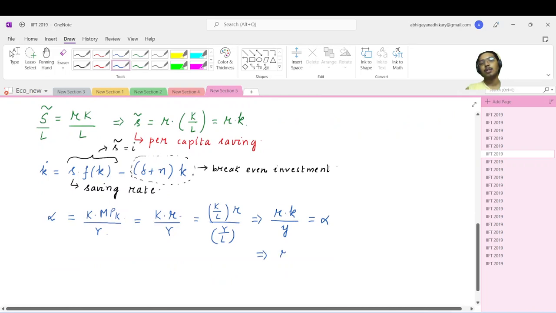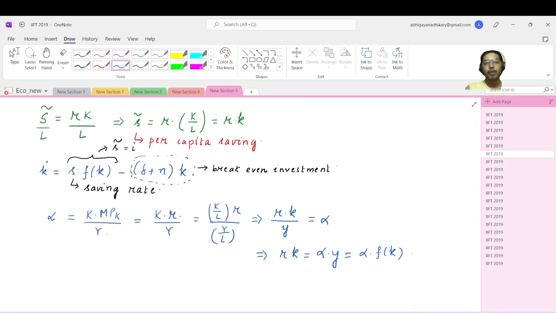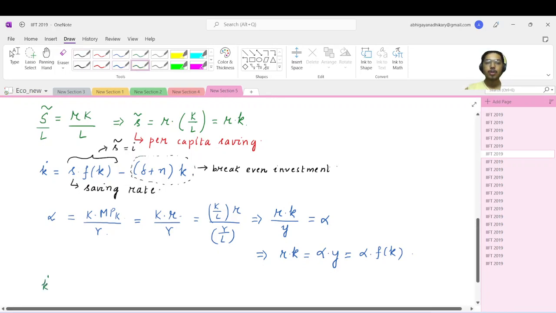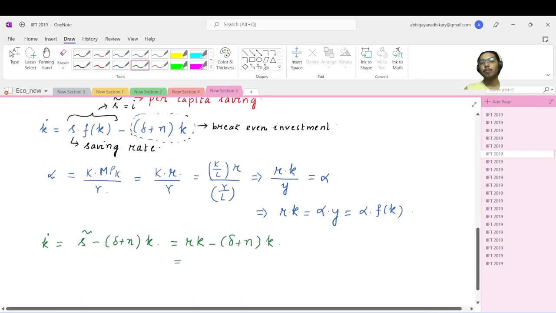That means R times small k equals alpha times y, which is alpha times f of k. So in our case, k dot is equal to the per capita savings minus delta plus n into k. Now what is S tilde in our case? It is R times k as I have shown you, minus delta plus n into k. And what is Rk? Given the competitive structure, it is basically alpha times y minus delta plus n into k.